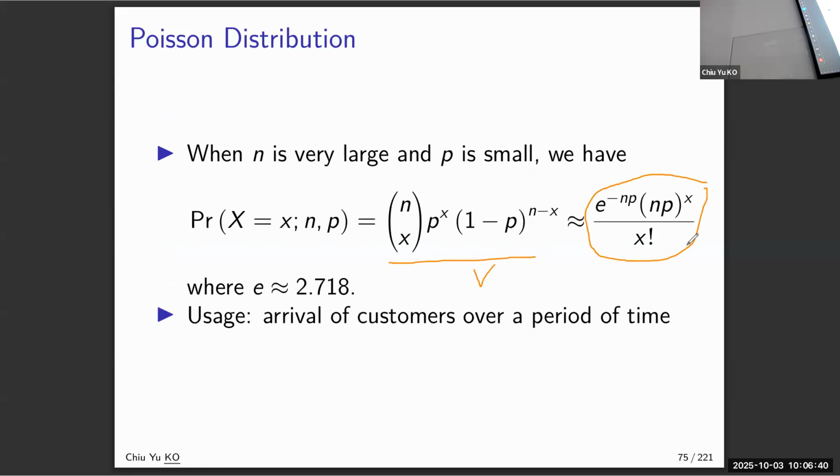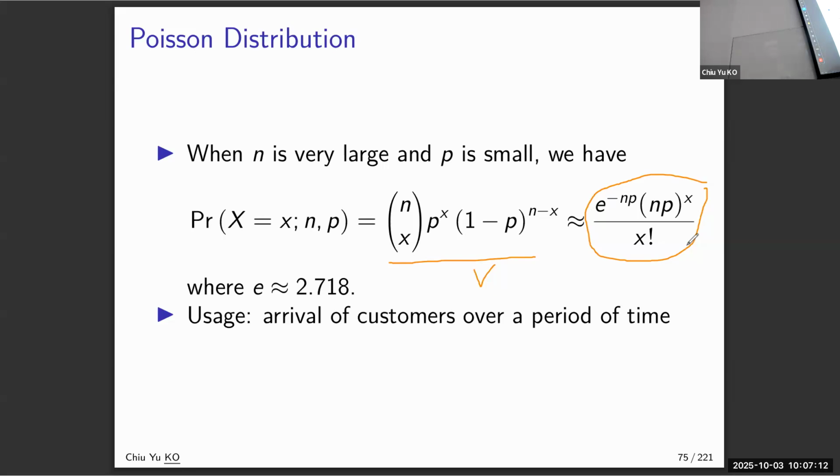If you do the calculation, you will see this approximation is much easier. If you have learned any computer science, the reason is that you have nCx, with 3 factorials, and factorial is super difficult to calculate. There are ways to approximate, but here there's only one factorial, and the exponential is way easier to calculate. So that's why we have that.